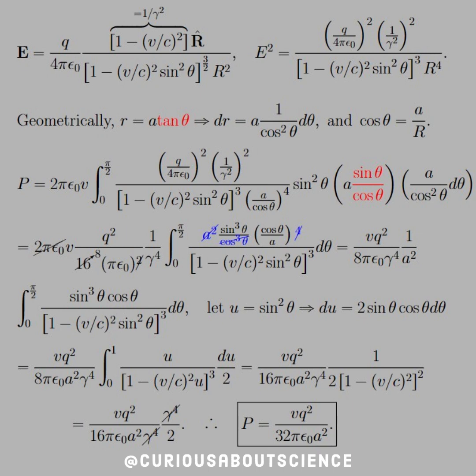That being said, we get a gamma to the fourth because of the 1 over v over c squared. That goes to gamma to the fourth over 2. We like that. The gammas cancel, and we see that we have power equal to v q squared over 32 pi epsilon naught a squared. And let me tell you, this will come back again in chapter 11, and you're going to be in for a joyous adventure.